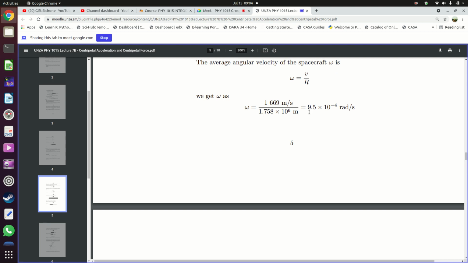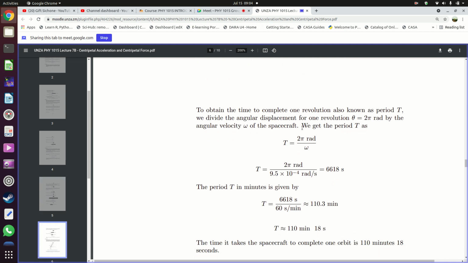Again, I think I'll need to rewrite this. Omega, that's what we have found here. Then our period T is going to be equal to 2 pi divided by our angular velocity, and we get 6,618 seconds.